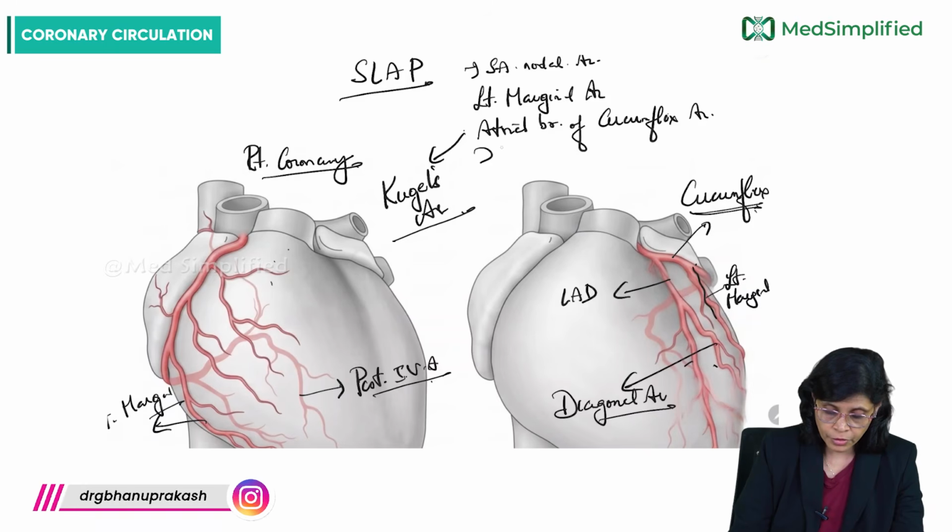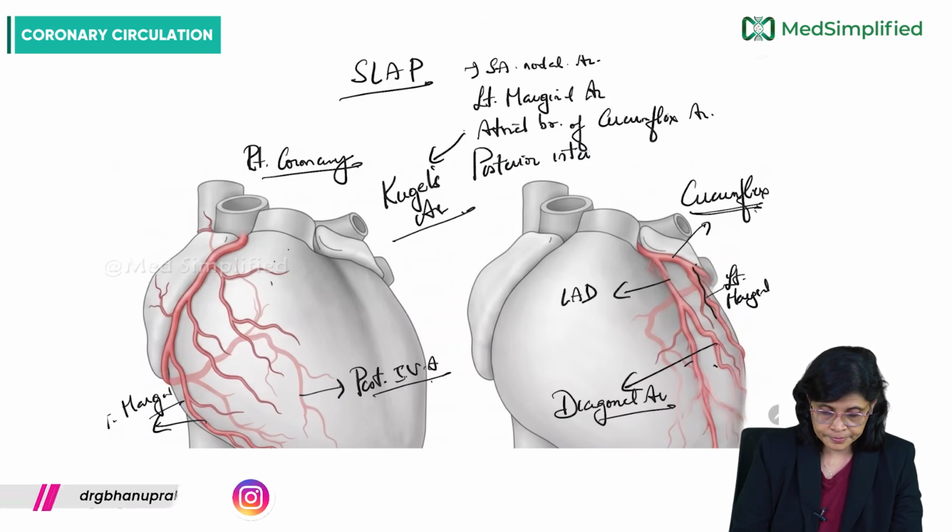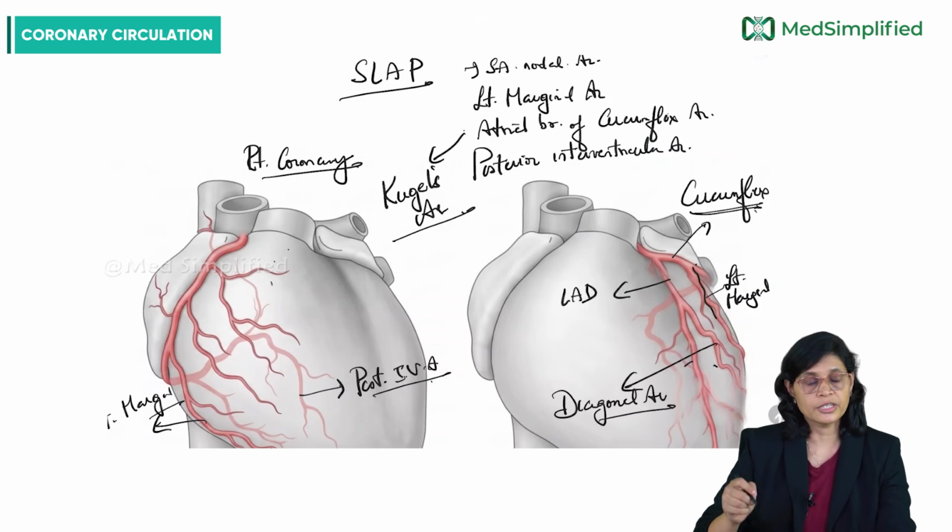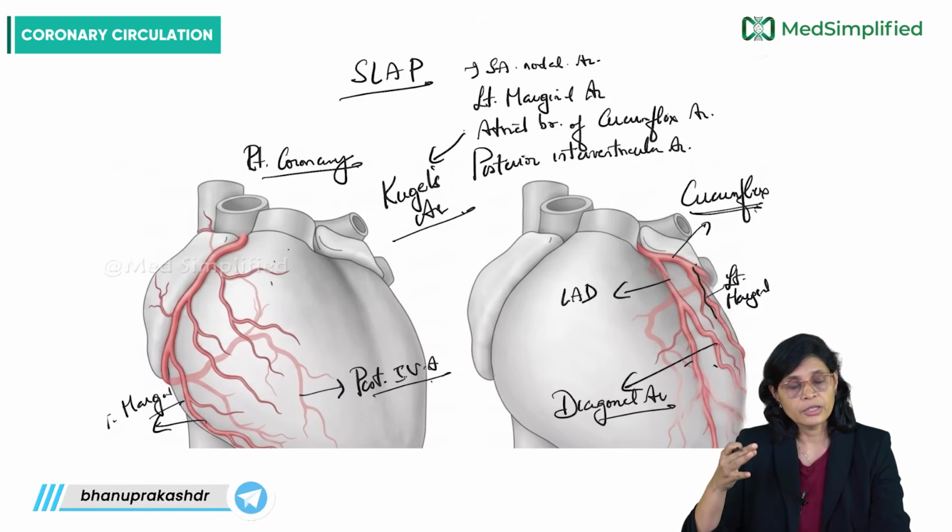And P is for the posterior interventricular artery. In about 10 to 20% of individuals, this can come from the circumflex.